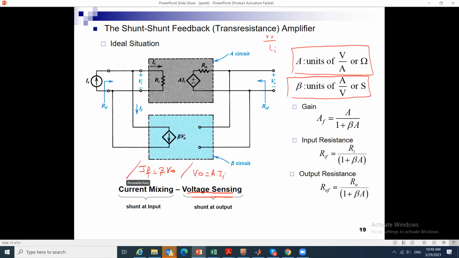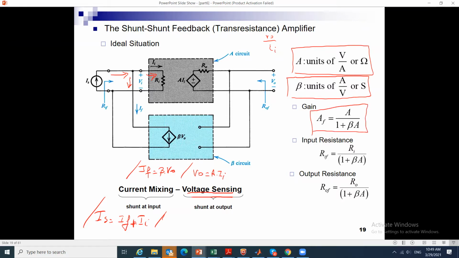And this IF is then added or subtracted such that IS is equal to IF plus IN. Why? Because at this branch, IS is equal to IF plus IN. By virtue of this relation, XS equals XF plus XN, and XF equals beta XO, and XO is equal to A XN, we obtain the same relation for AF if we do the math.